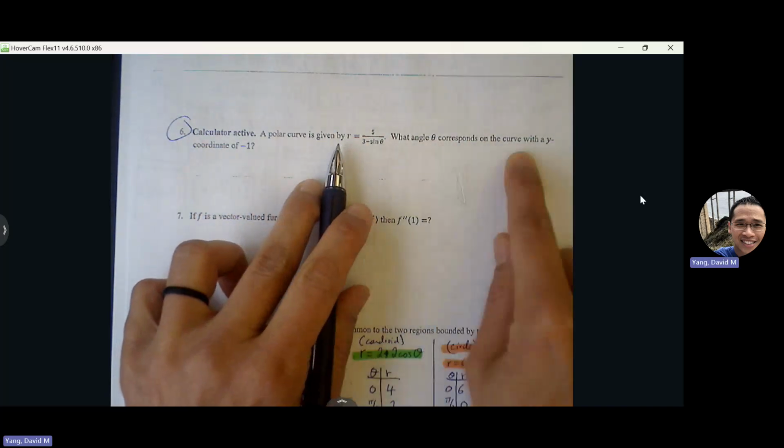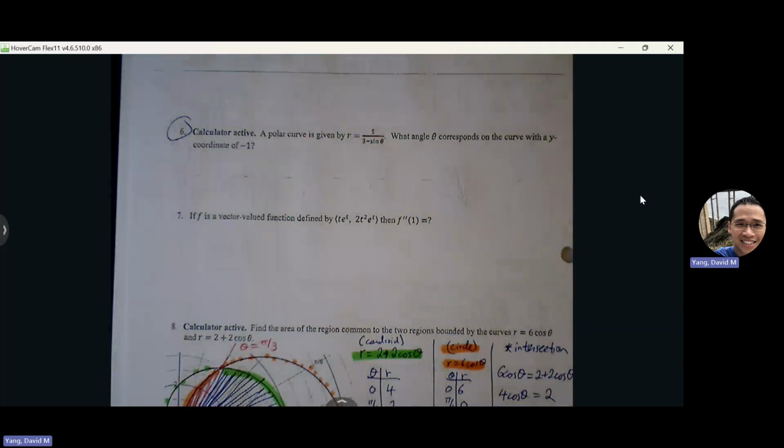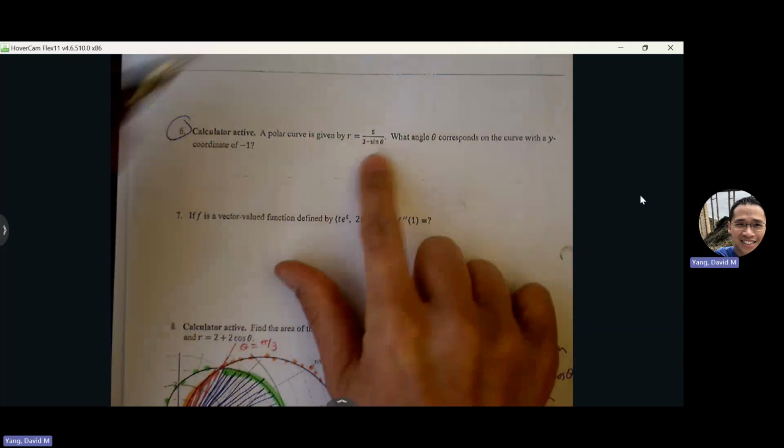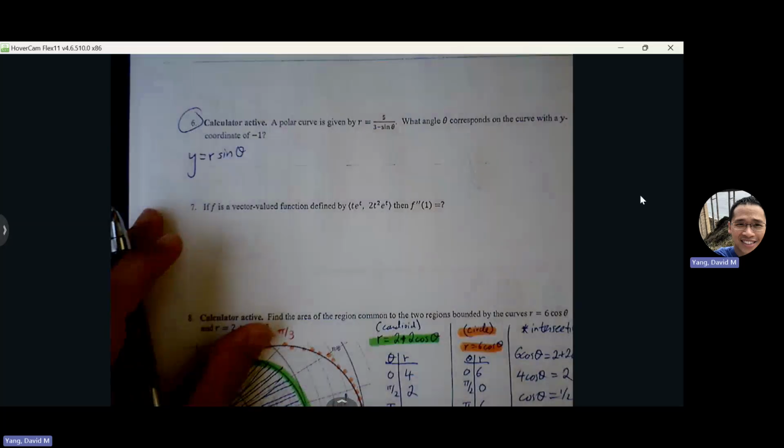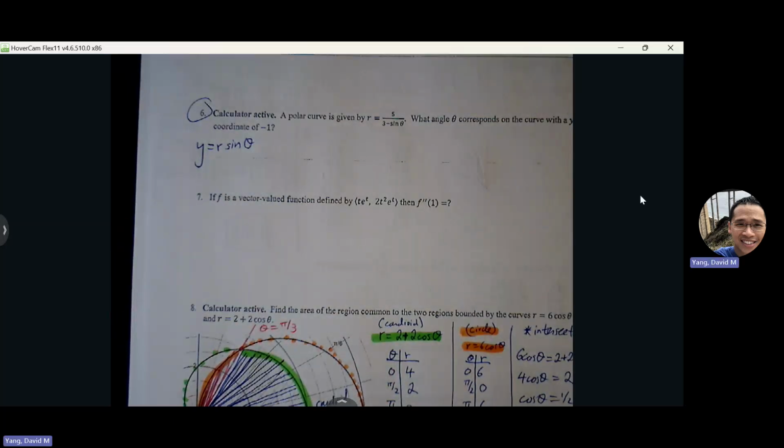A polar curve is given. What angle theta corresponds to a curve with y coordinates of -1? So we know that y is equal to r sine theta. So that's our connection between polar and rectangular.